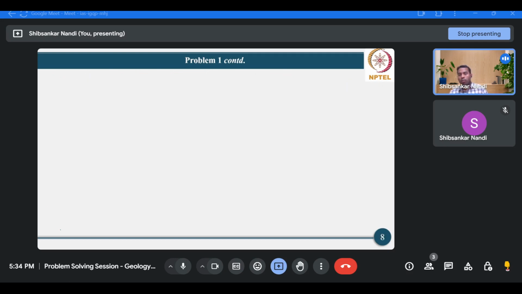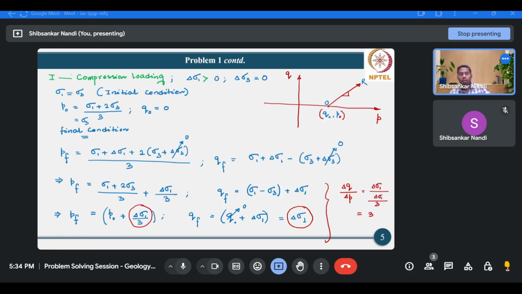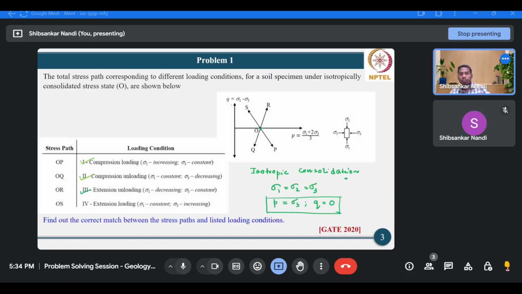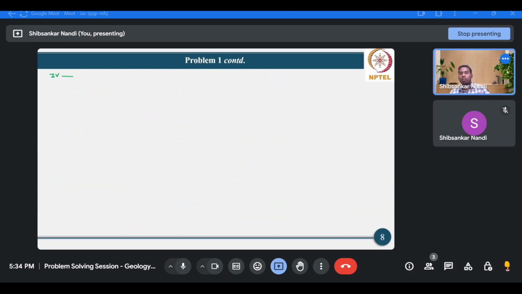Now the remaining one is quite obvious, it would be your OP. However, we'll still try to check. So it is extension loading.